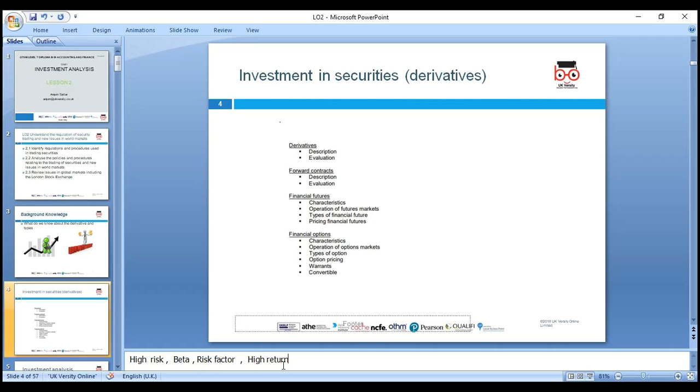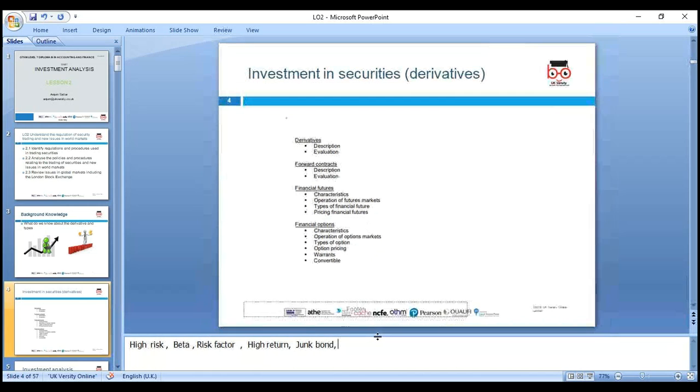Have we ever heard about junk bonds? Junk bonds are bonds where, if it is a new company and it wants to issue a bond, that will be a junk bond. It can be traded in different stock markets.